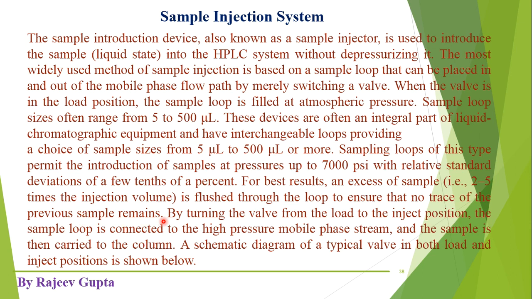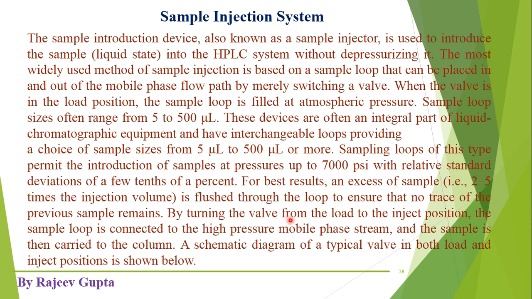So for this purity purpose we use a somewhat higher amount of our sample solution. The extra amount will be flushed out from the loop, and only the volume equal to the loop volume will remain in the loop.